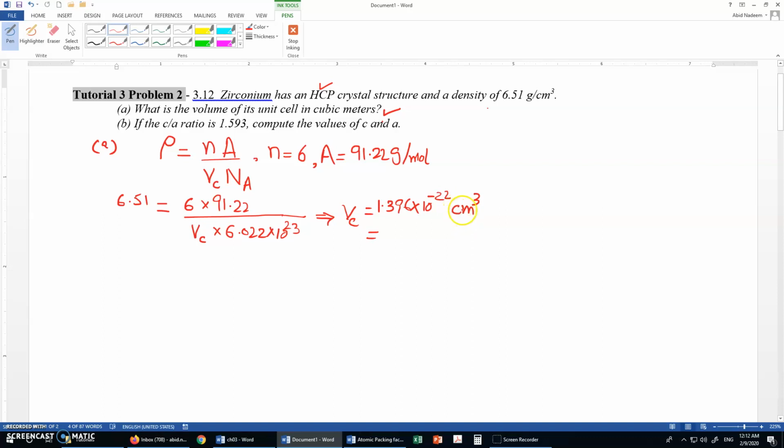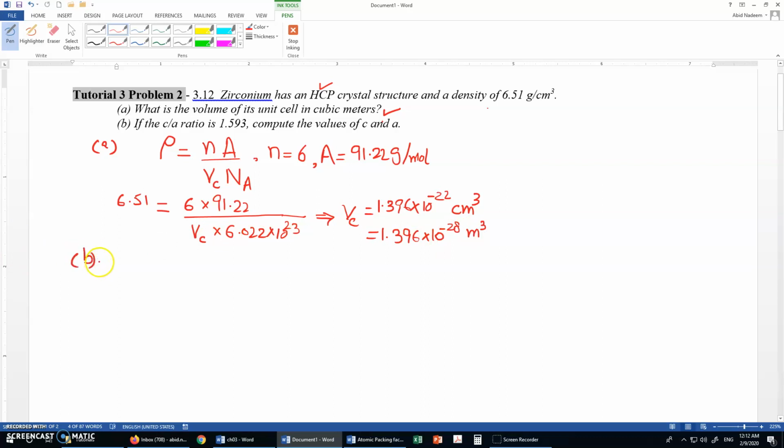So 10 to the power minus 2 times 3 is minus 6, and minus 22 minus 6 is minus 28. In cubic meter it will be 1.396 into 10 to the power minus 28 cubic meter. This is the answer for part A.